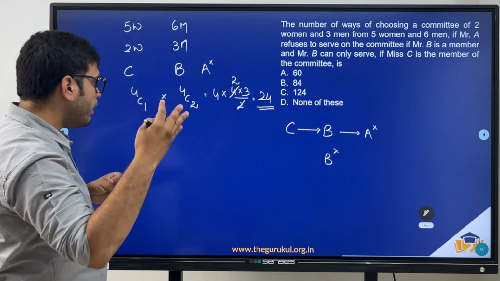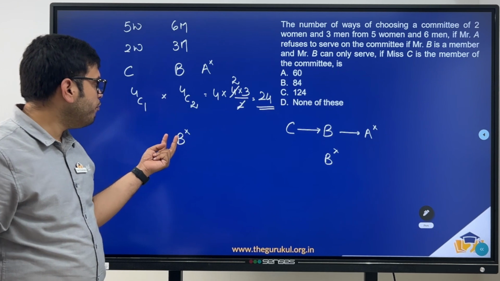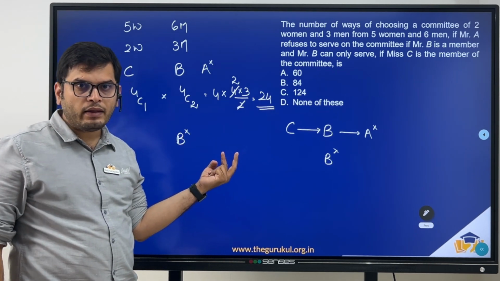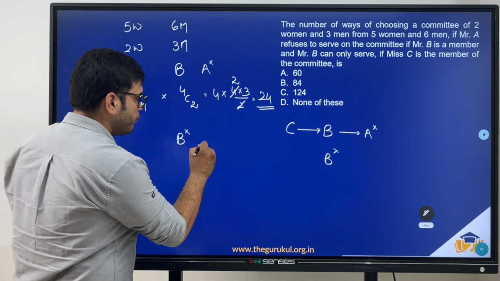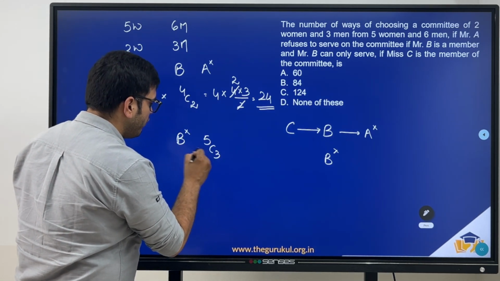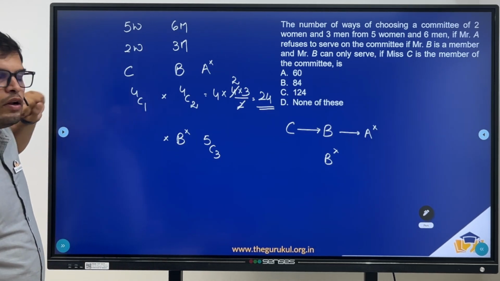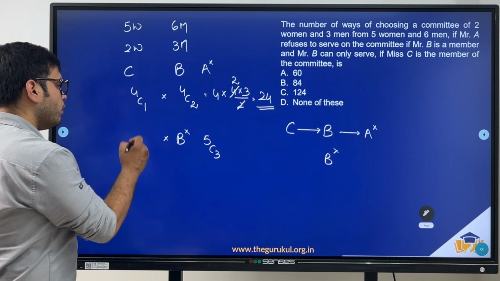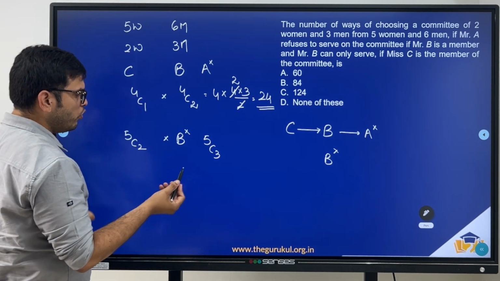Now, another possibility where you do not want to involve B. If B is not selected, then you can select A. So you'll have 5 choices, out of which you need to select 3. That can be done in 5C3 ways. Now coming to 2 women out of 5, there is no stipulated condition, so from 5, we need to select 2. So 5C2 into 5C3.